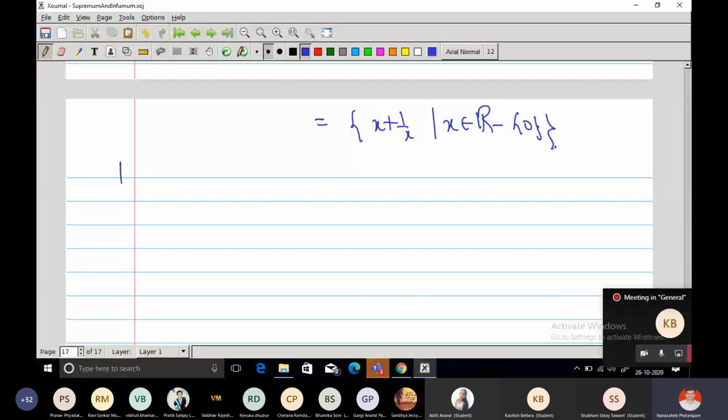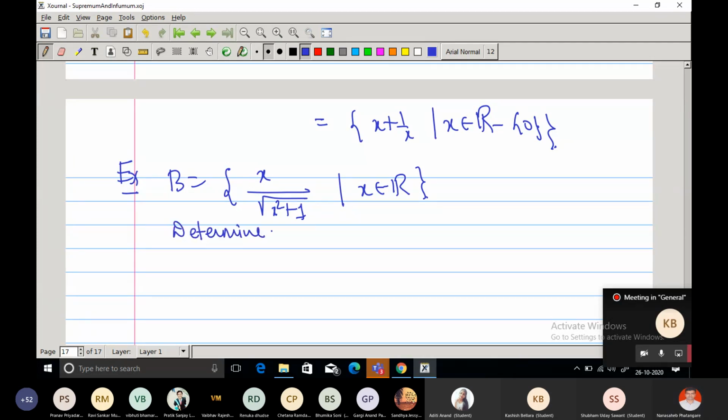You should work it out. I will give you one more interesting exercise. Let me modify this. Let B be the set of x upon square root of x square plus 1, x in R. Then determine this set B, and then find the supremum and infimum.